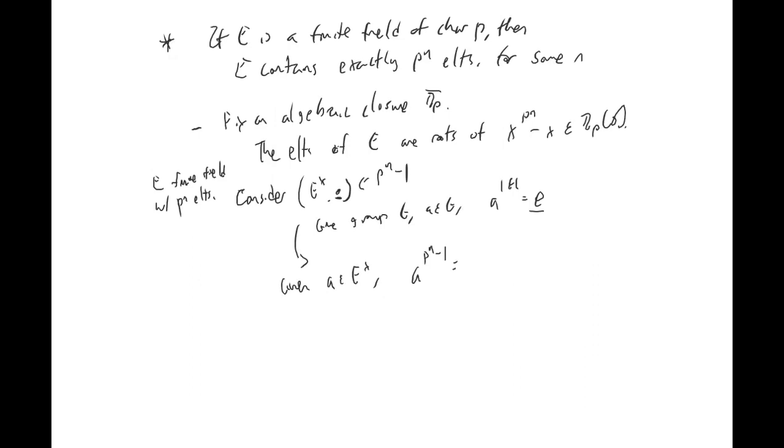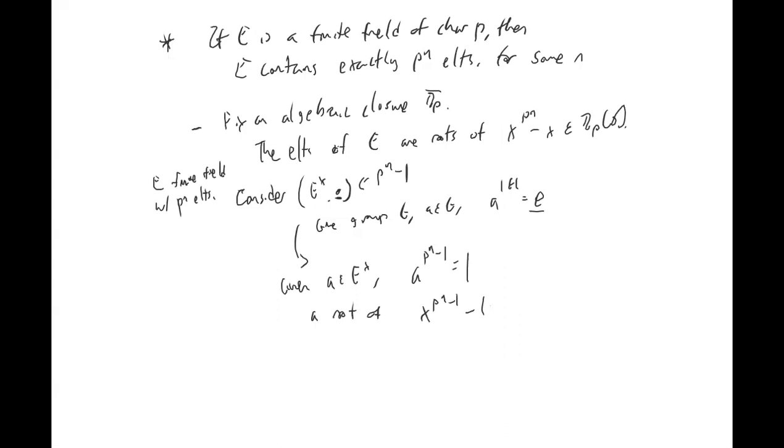Under multiplication the identity is 1, so a is a root of x to the p to the n minus 1 minus 1 equals 0.